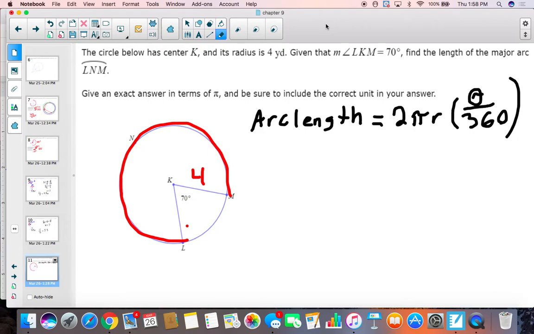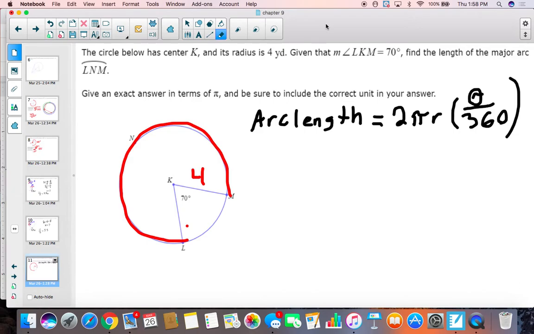We're looking for just a specific section. So we want to take that degree measure divided by 360, or theta divided by 360, to figure out what section, or how much of the circle, we are talking about. And once again, there's 360 total degrees in the circumference of the circle.